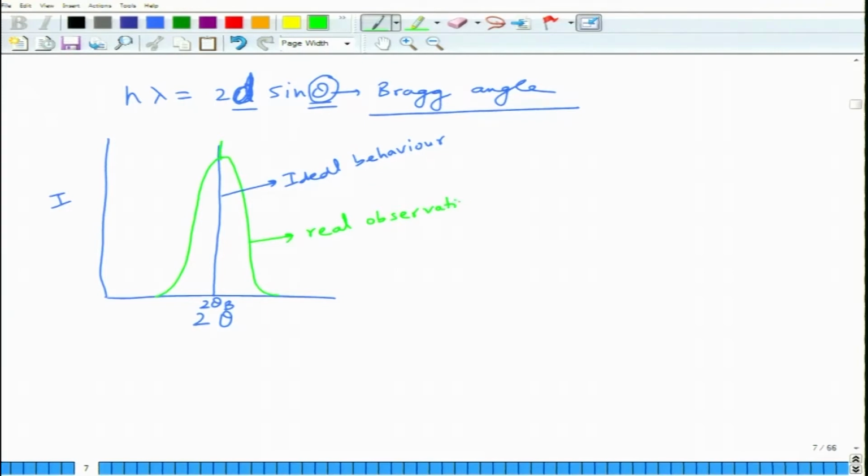What this tells you is that within these two bounds of 2 theta 1 and 2 theta 2, you have a peak which shows a maxima at around 2 theta b, and this peak has a certain width which is called delta 2 theta or b, the broadening. This is the non-ideal behavior.